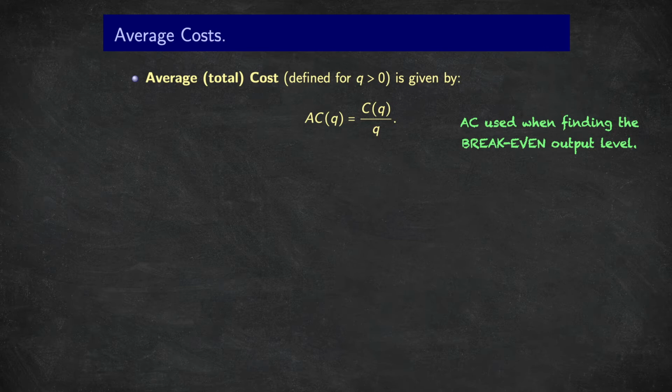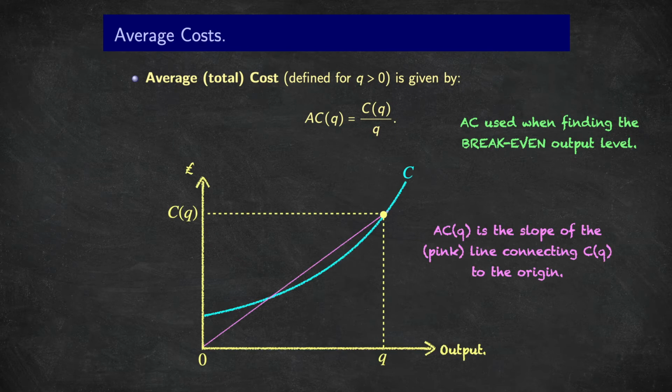So how would we interpret this idea of average cost graphically? Well, here I've produced the graph of the same total cost function again. So I've drawn an increasing and convex function C, which is the light blue curve.